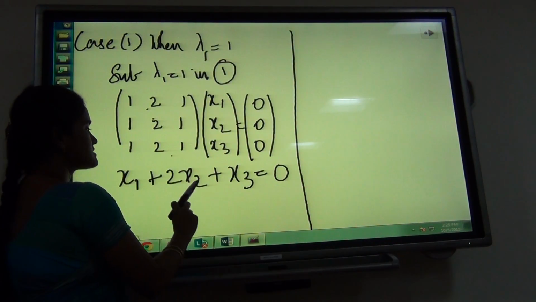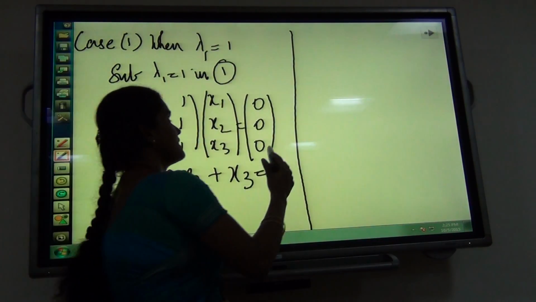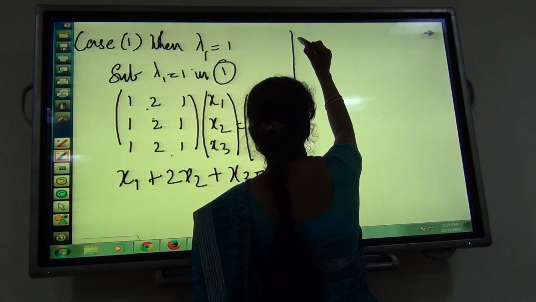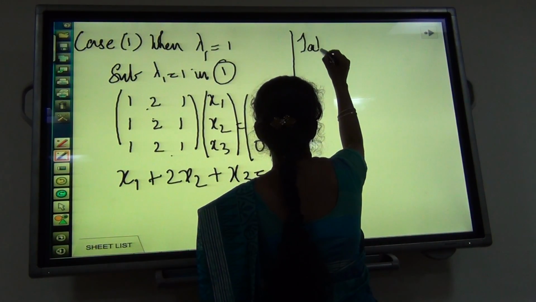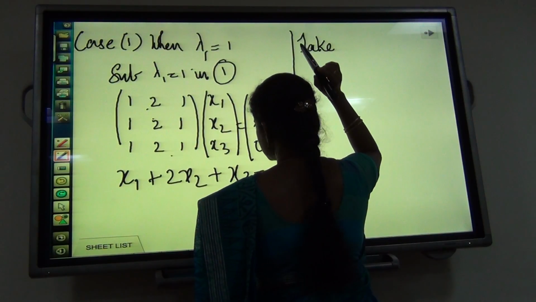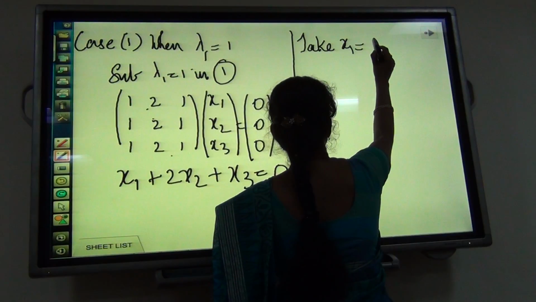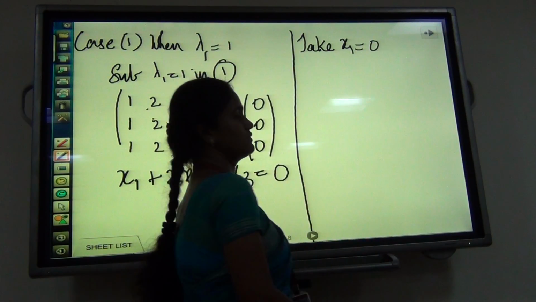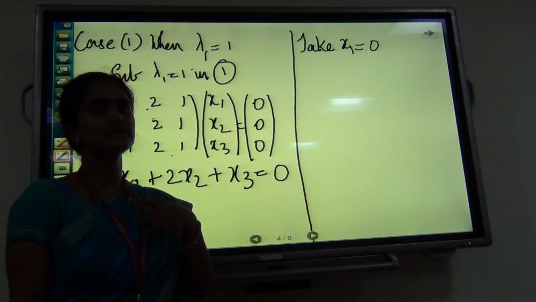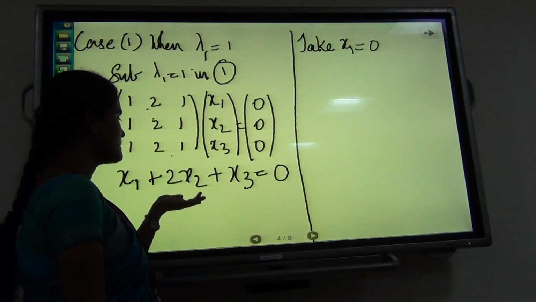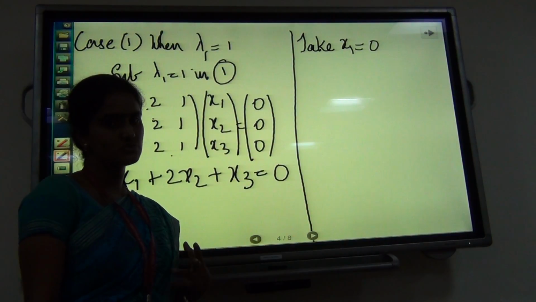We have 3 variables, x1, x2, x3. To get their values, let us randomly take some variable value as 0. Since we are left with only one equation, there are no other equations to solve simultaneously with this equation or to apply the cross rule method.